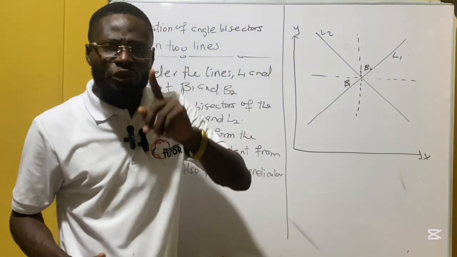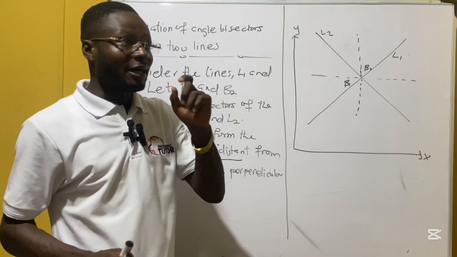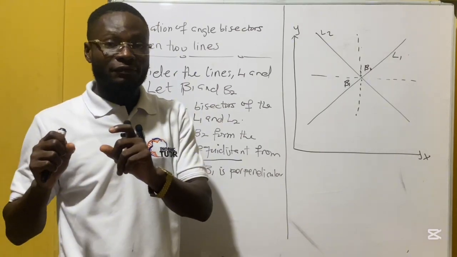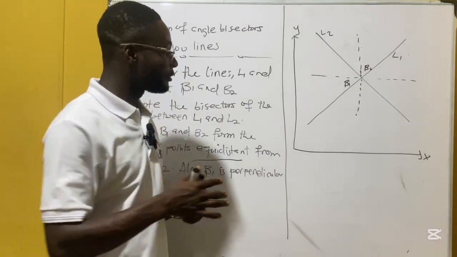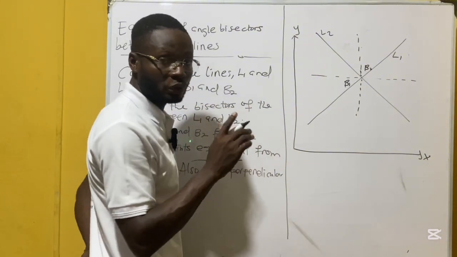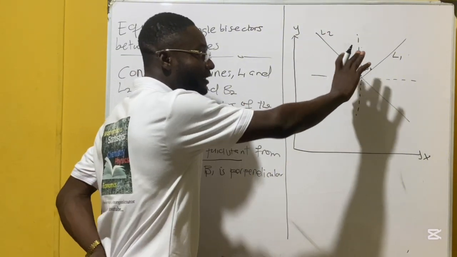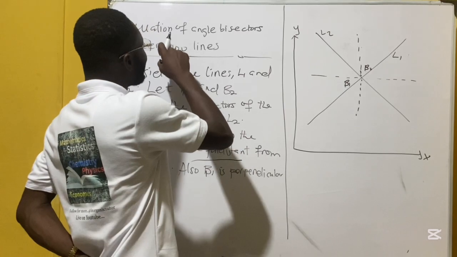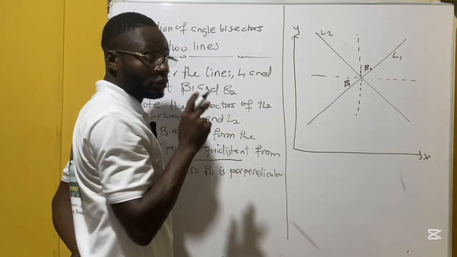So we are going to use the distance of a point from a line formula in here. So let's try to use that formula to derive the formula for equation of angle bisectors between two lines.